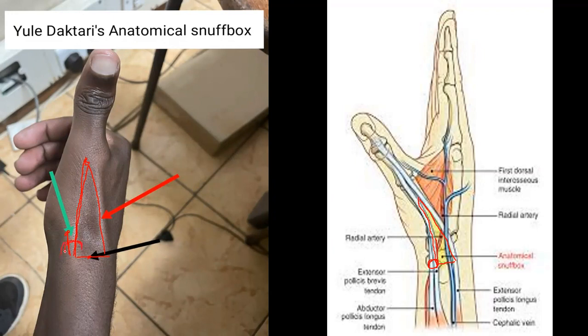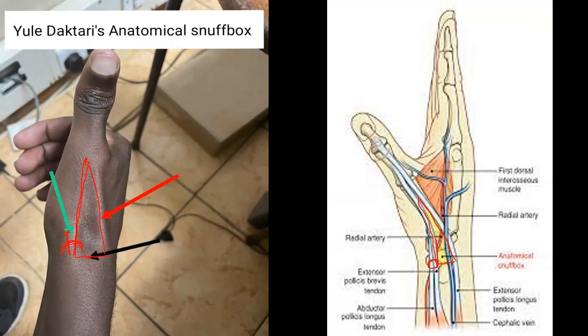Okay, so we have some fascia arching over those tendons, to form what is known as a fibro-osseous canal or a tunnel. So if you have overuse of the thumb, there is likelihood that those tendons can become inflamed. Okay, so if you have inflammation of those two tendons, that leads to a condition known as De Quervain's tenosynovitis.